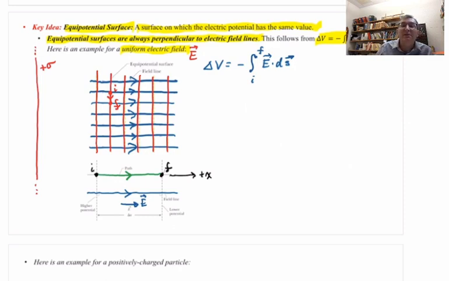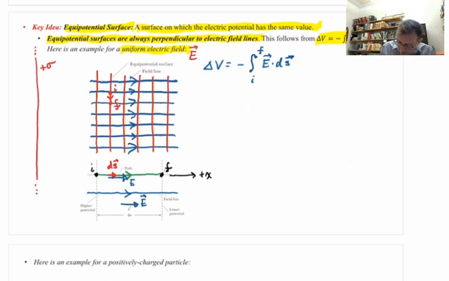So we're going to apply delta V equals negative integral from I to F of E dot ds. Well, what you do is you imagine breaking up that path into a whole bunch of little ds's. I'll just draw one of them right there. Those would be tangent to the path. And you've got to imagine a whole bunch of them, one after the other. Okay? And then I'll draw the electric field vector right there. E arrow.